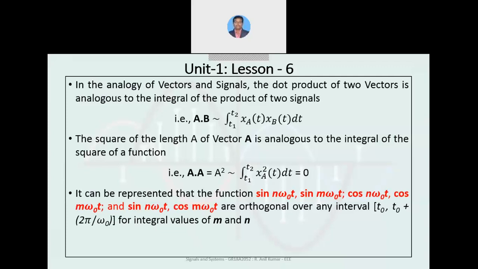So they will be mutually perpendicular and hence are orthogonal over any interval for integral values of m and n. That is how we can see the orthogonal condition for signals. So that's how we finish our lesson 6, and we'll meet later for lesson 7.